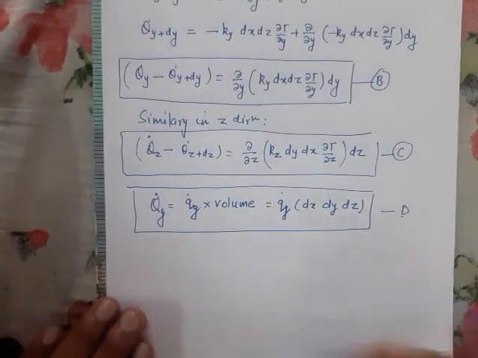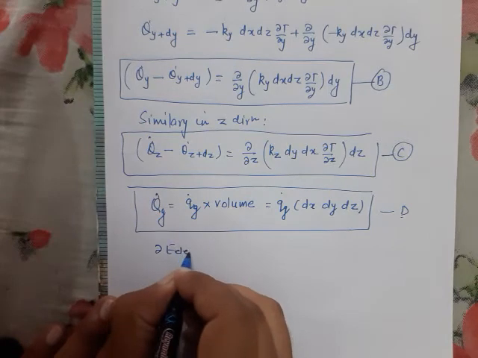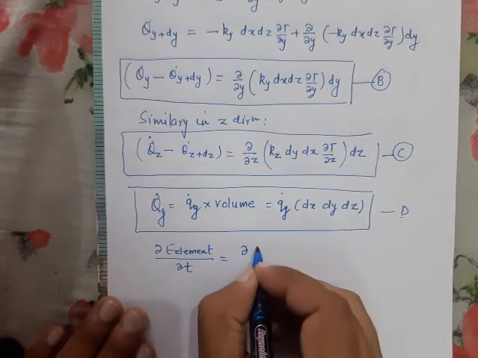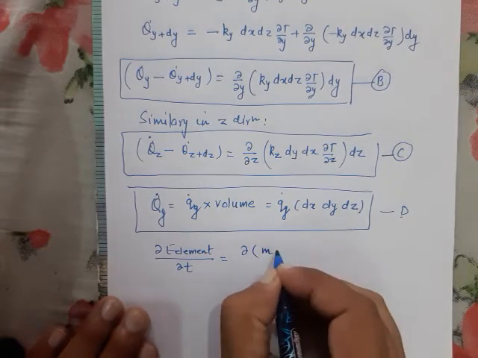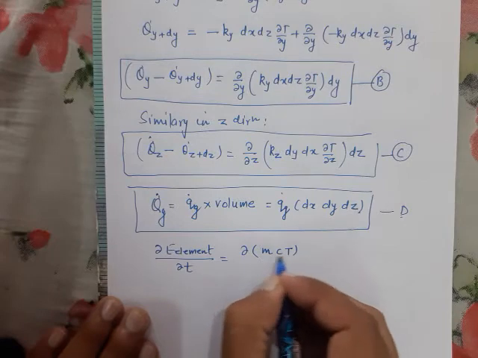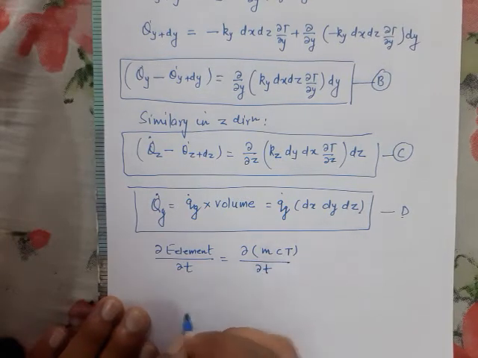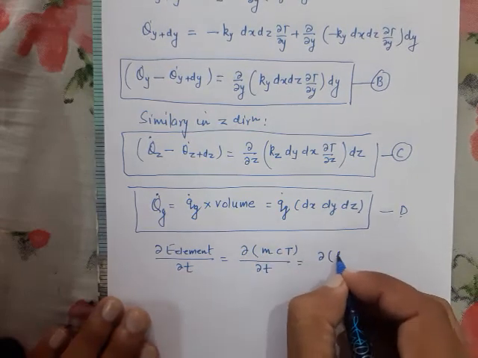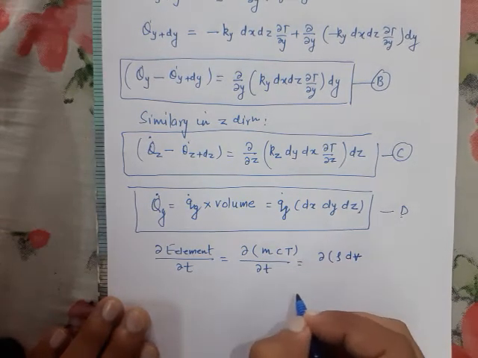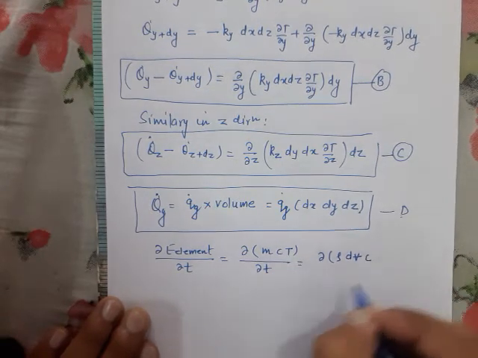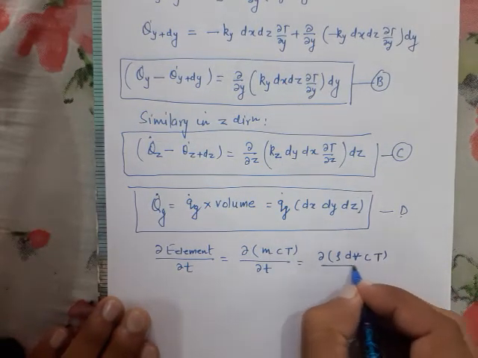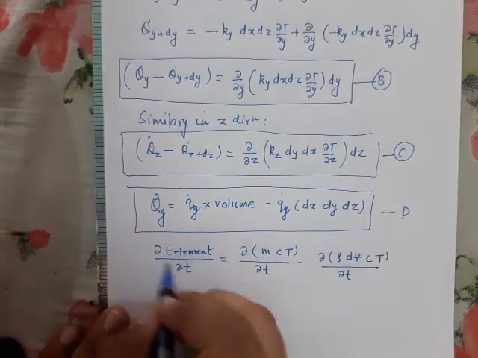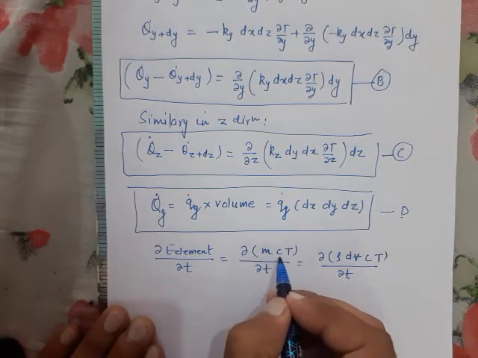How can this del E upon del T be written? Now del E of the element with respect to time, the E of the element can be written as m c T. Simple expression, m c T upon del t, which will be equal to del of rho dV c T upon del t, where mass of the element would be density into volume of the element, which is dV. C is the specific heat capacity of the element. T is the temperature of the element. Here I am using the simple expression mcT for the element: mass, specific heat and temperature.